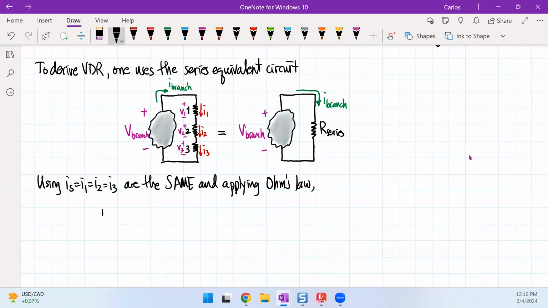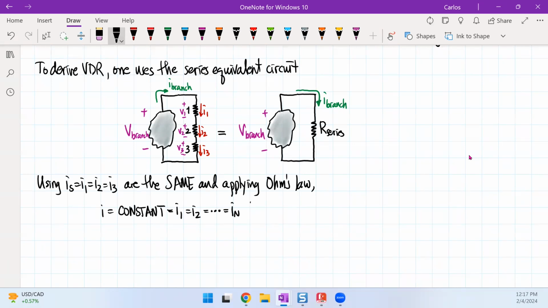We find that the current, regardless of which current it is, is always going to be the same constant. So that means here, this could be I1, this could be I2, but this could also be, and in this case, instead of just having 3, I'm going to go all the way to n, because that's what we mean by series.